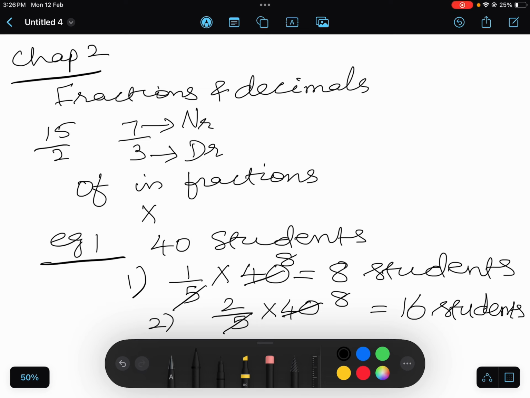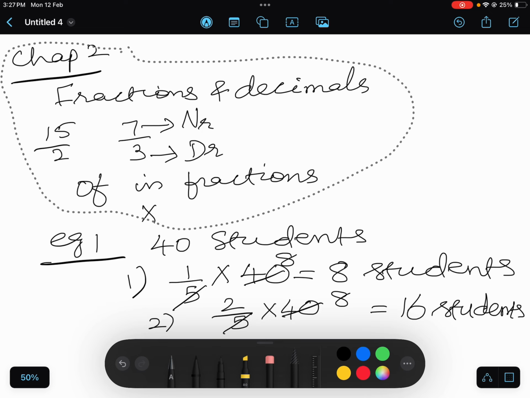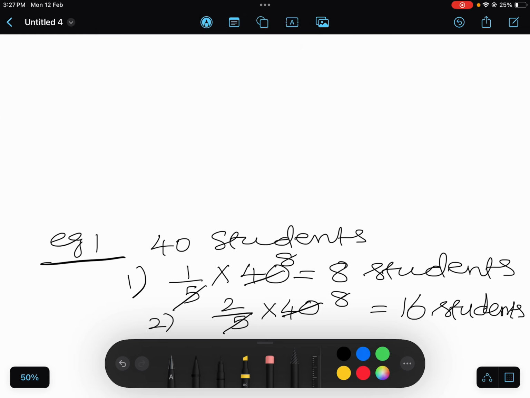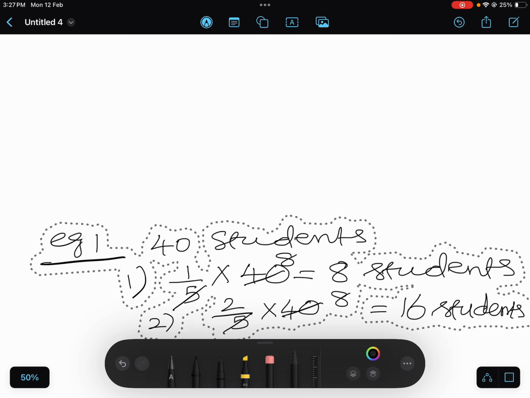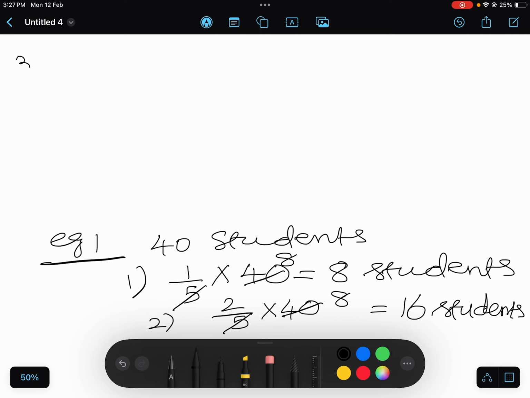And then the third part is, what fraction of the total number of students like to study science? This is the question. Now they have asked for a fraction. So how will you find the fraction? Let us read the third part again. What fraction of the total number of students like to study science?